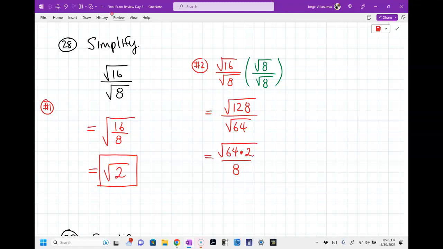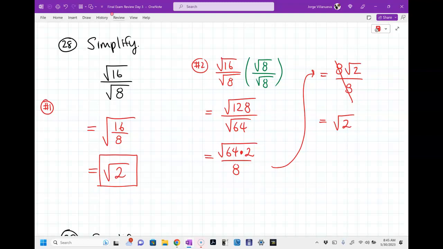I know the square root of 64 is 8. So let me kind of move this over here. That's 8 square root of 2 over 8. And those will cancel. So your answer is square root of 2. So obviously, if you had a choice which way to do it, if I were you, I'd choose method number 1, right? Just rewrite them in one big square root and divide.